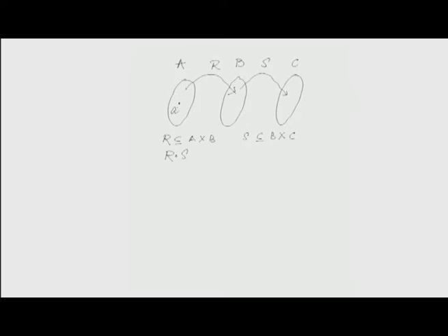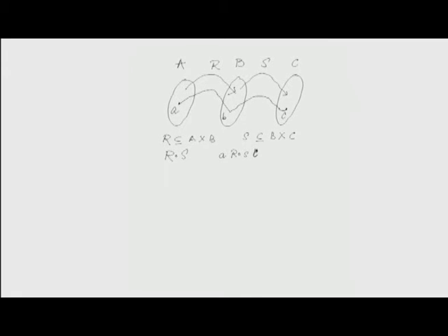Suppose we have an element a in capital A and an element c in capital C. We will try to start from a and relate it to some element in B. Suppose it is related to the element small b in capital B, and suppose this small b again is related to c in capital C, then we say that a is R composition S related to c.